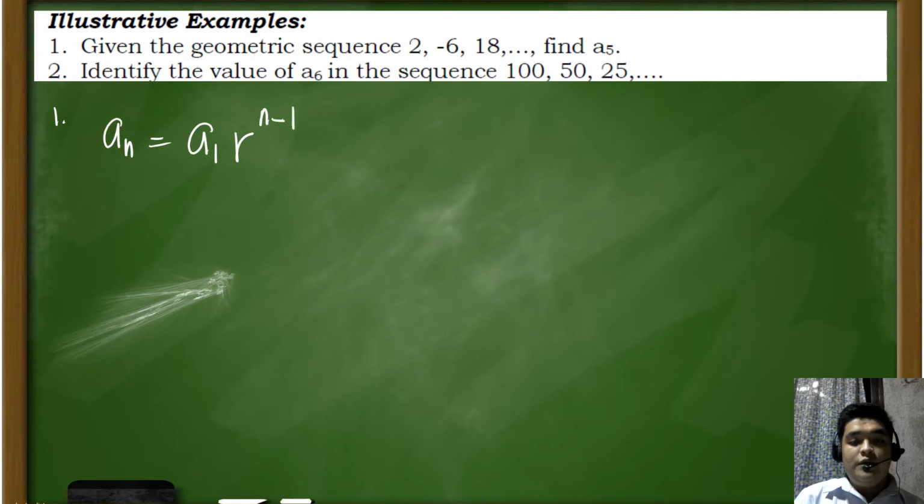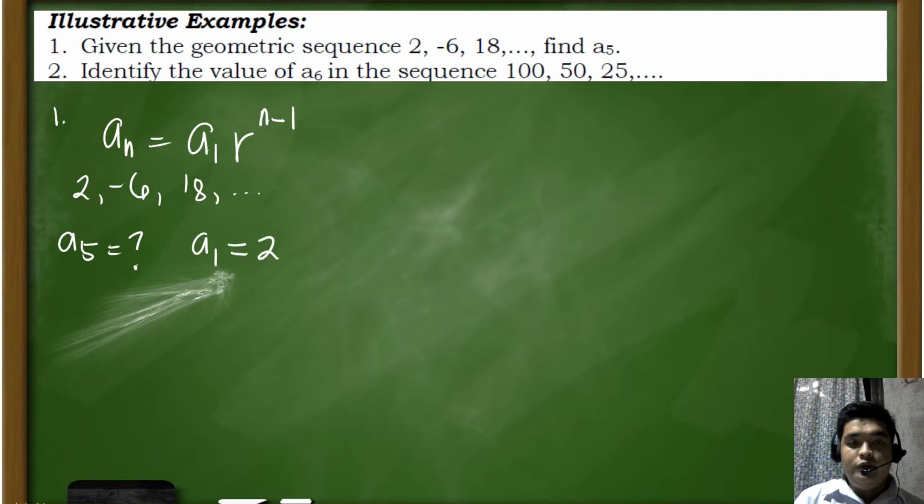We need to find a sub 5, that is the unknown. Our a sub 1, or the first term, is 2. Then, what is our r?